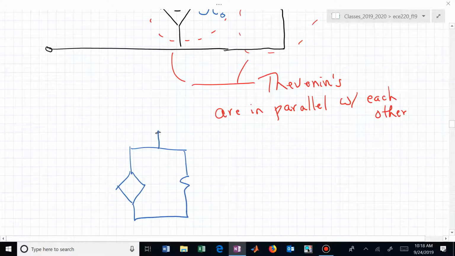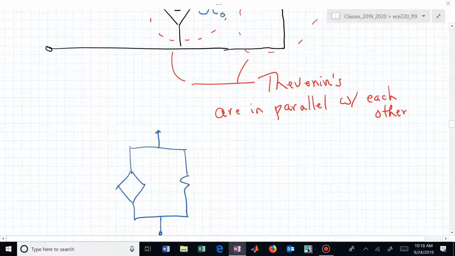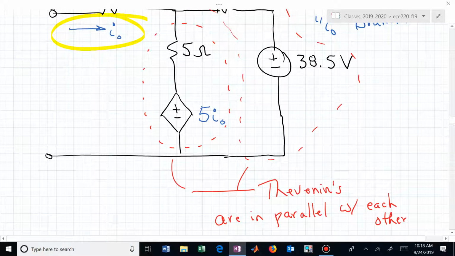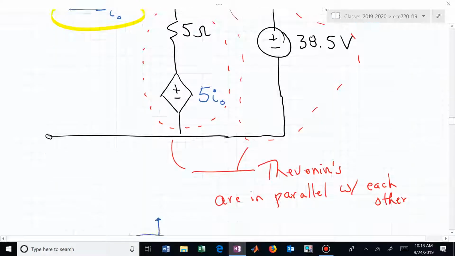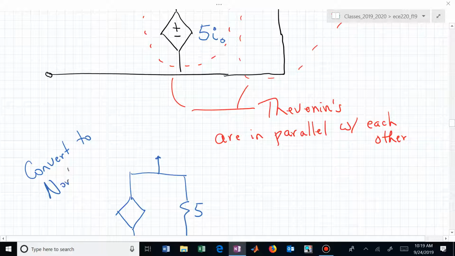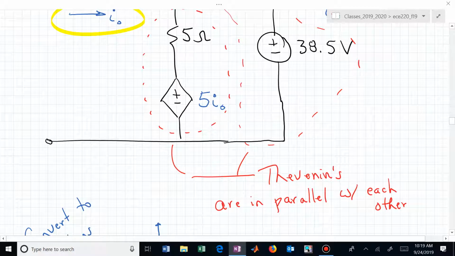And if you wanted to really keep track of the terminals, you could have the nodes go off that way or they could go left or right. But what do I put on these elements? How do I label them? What's the resistor value? 5. So I'm now converting those sources to Nortons. What's the dependent voltage source going to become?